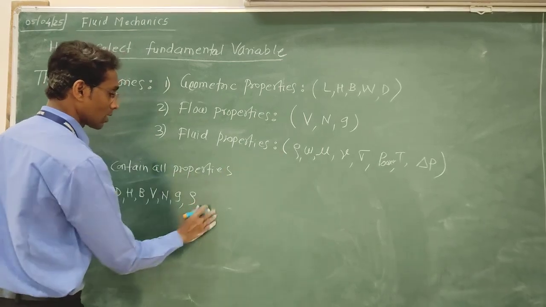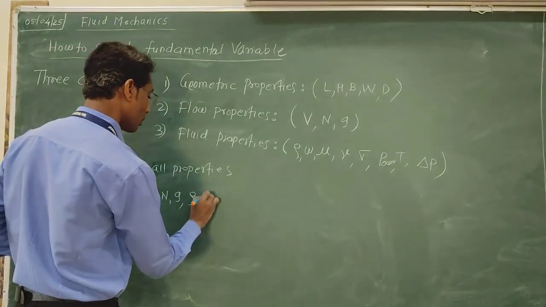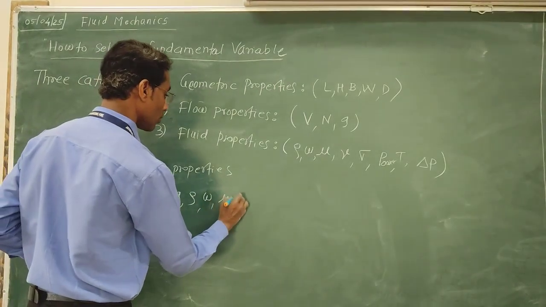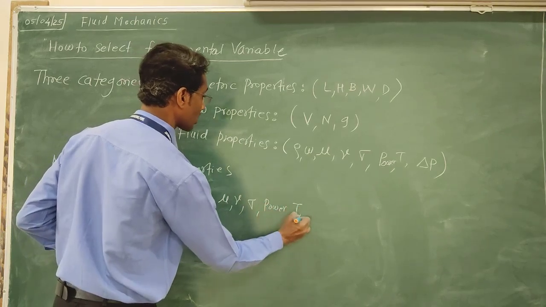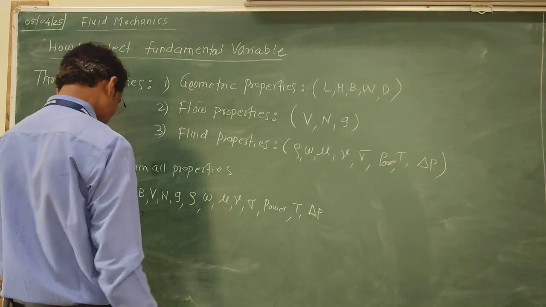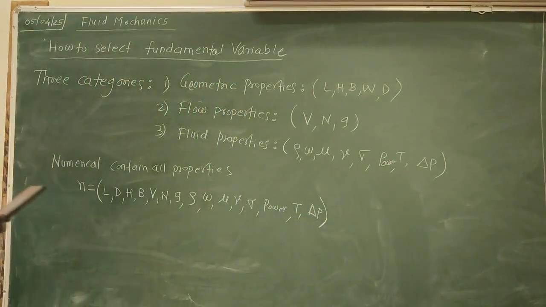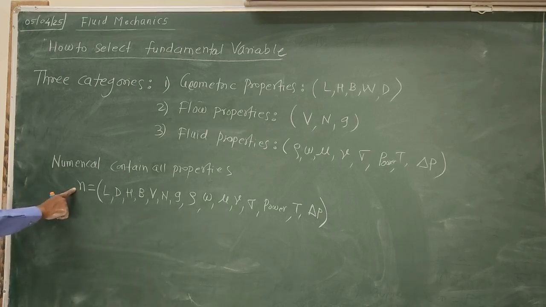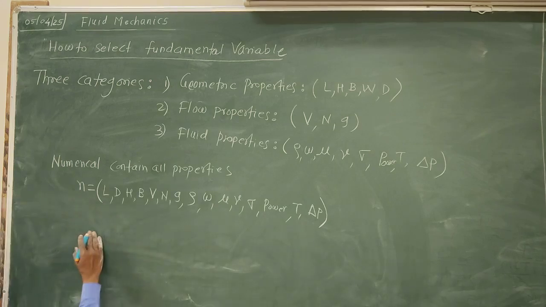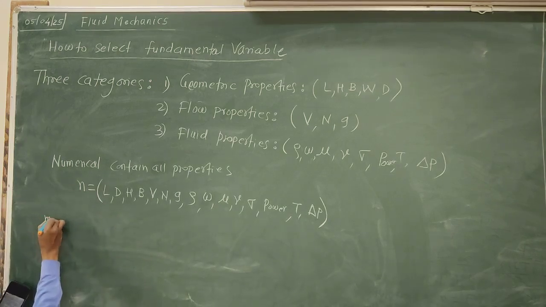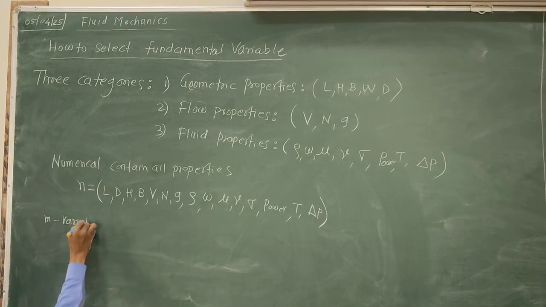Then this third set: rho, specific weight, mu, sigma, power, torque, pressure drop, etc. So these are n variables. Out of these n variables, we have to select 3 fundamental variables. That depends on the numerical.